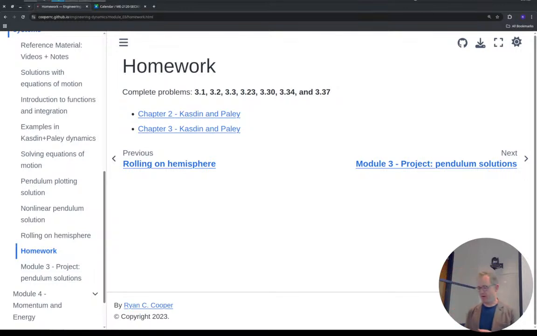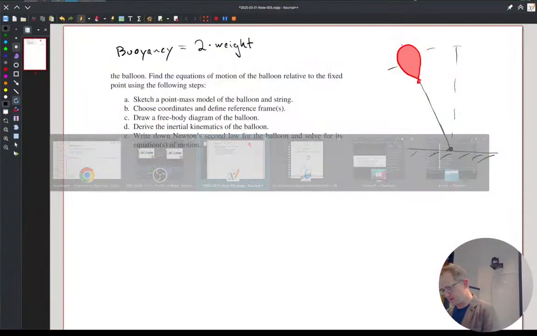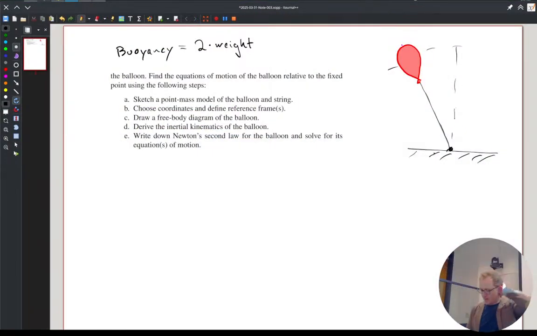All right, we were working through, I think we got through 330. Now we're looking at 334 in the textbook. So I copied it in, at least part of it, the question, and kind of drew it out.